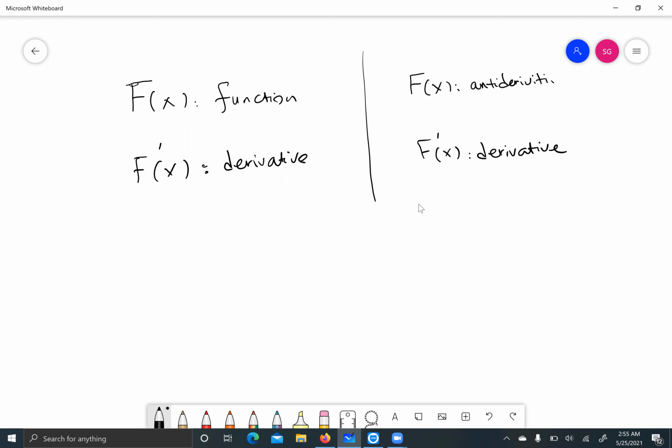So if we are given the derivative, then what is the antiderivative? What was the original function that, if you take the derivative, gives you this function?